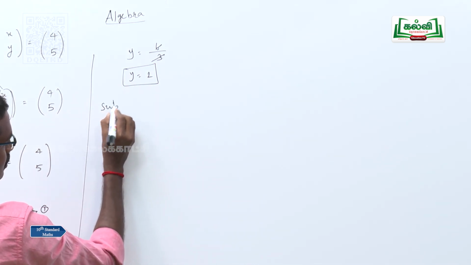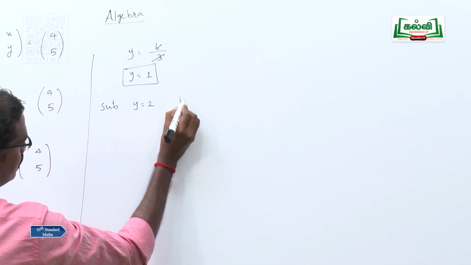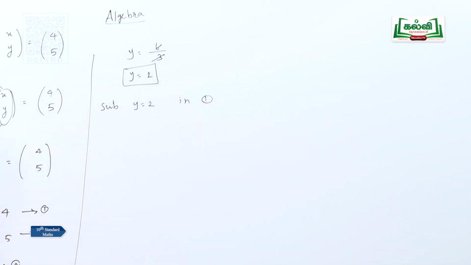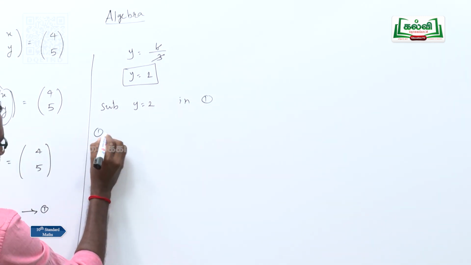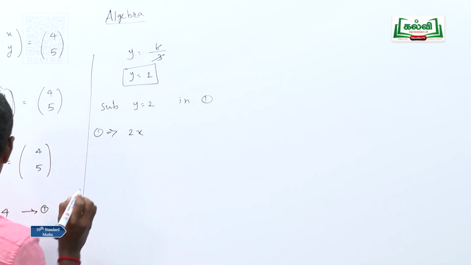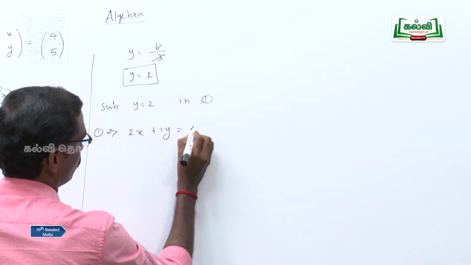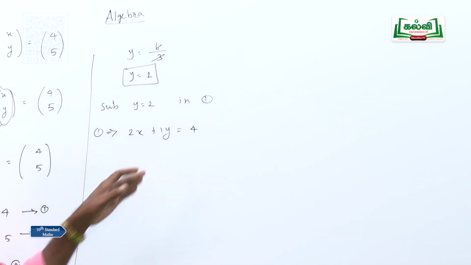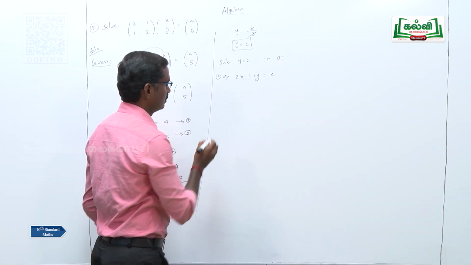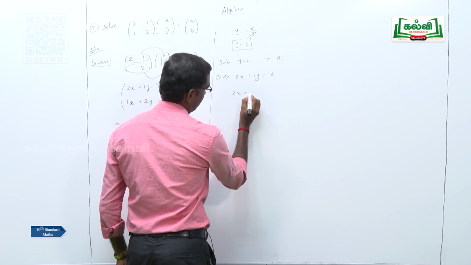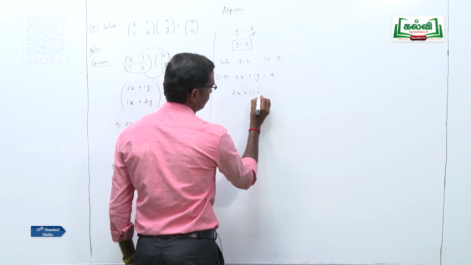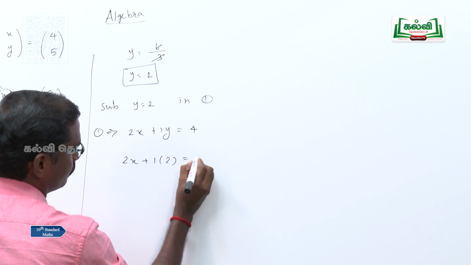Now substitute y equal to 2 in equation number 1. What is equation number 1? 2x plus 1y equal to 4. In this equation you have to substitute the value of y. So 2x plus 1 times the value of y, 2, equal to 4.